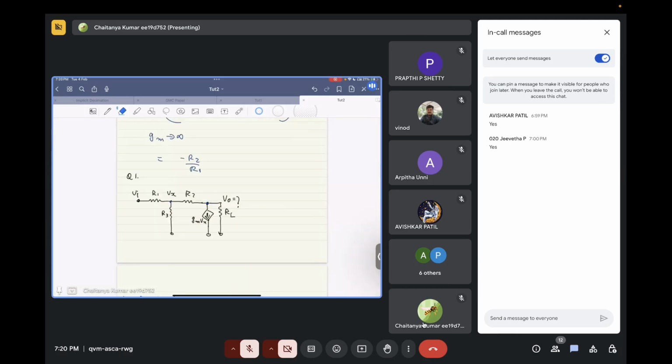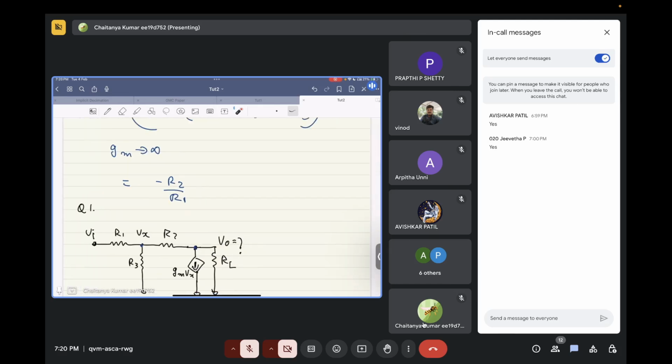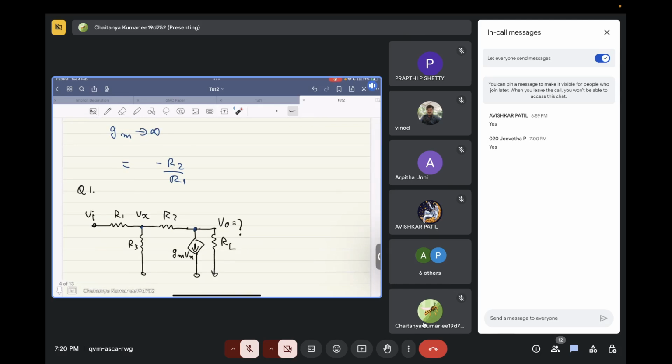Okay. So what happens if GM tends to infinity? Let's try to figure out from the circuit itself, right? So let's say Vx is some finite value, what will happen?